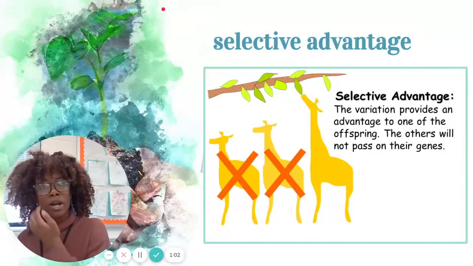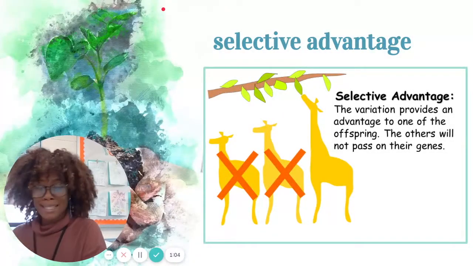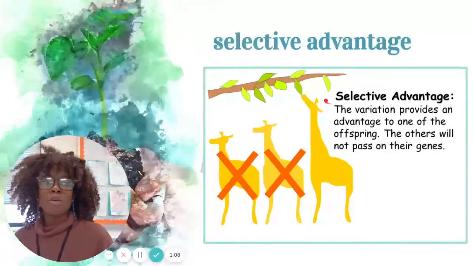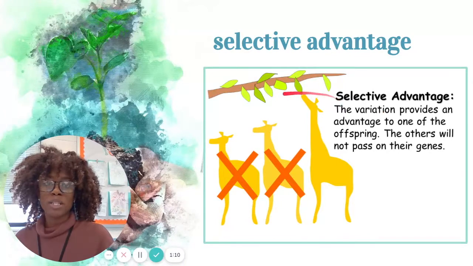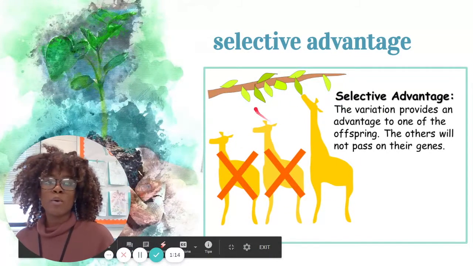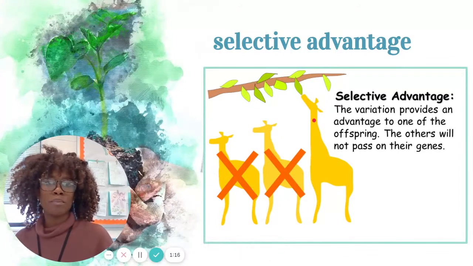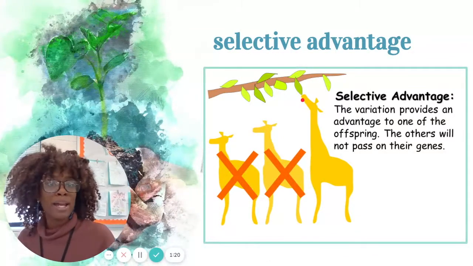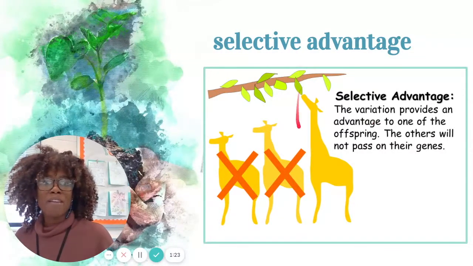Just continuing our recap of last lesson, selective advantage. To have selective advantage means that an organism is born with a variation. In this example, some giraffes are born short, some medium, and some very tall, just by chance in their DNA. Some of them are going to have an advantage.